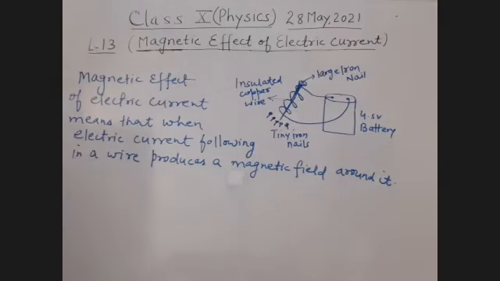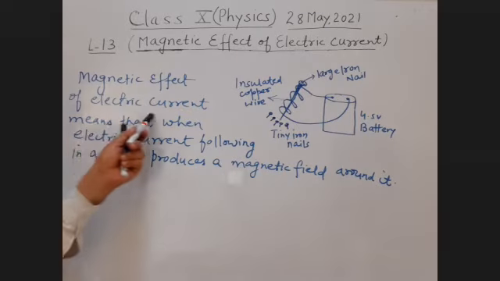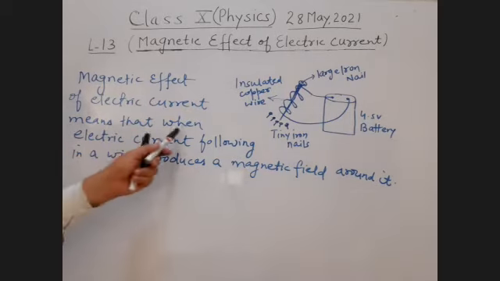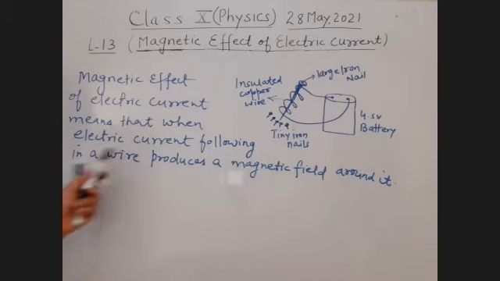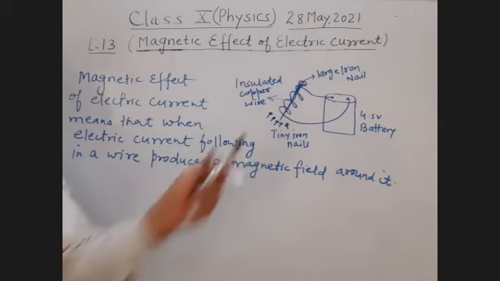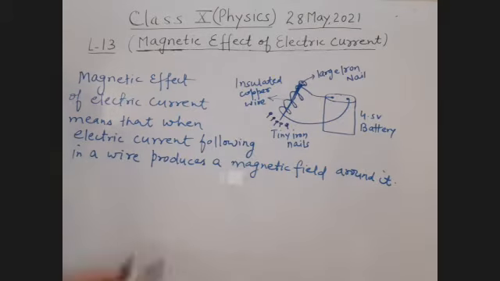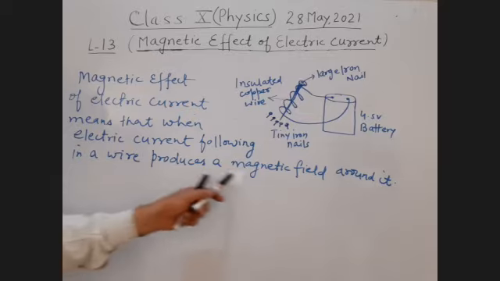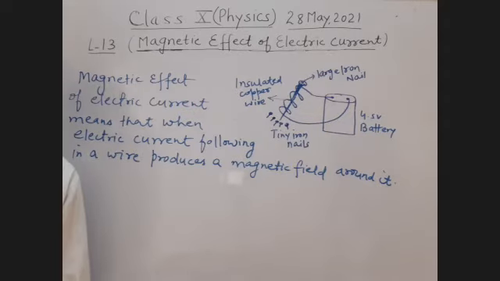What does this statement say, students? It says that when electric current flows in the wire, it will produce a magnetic field around it.